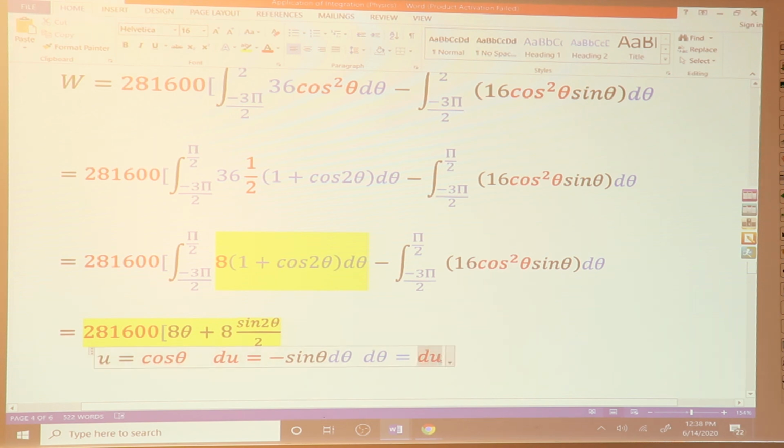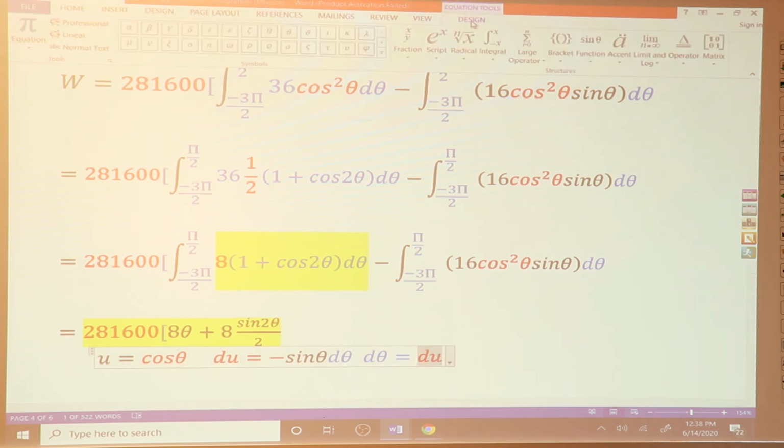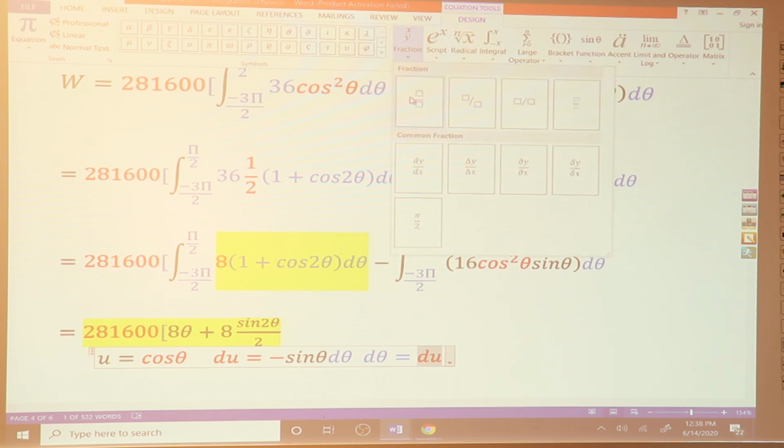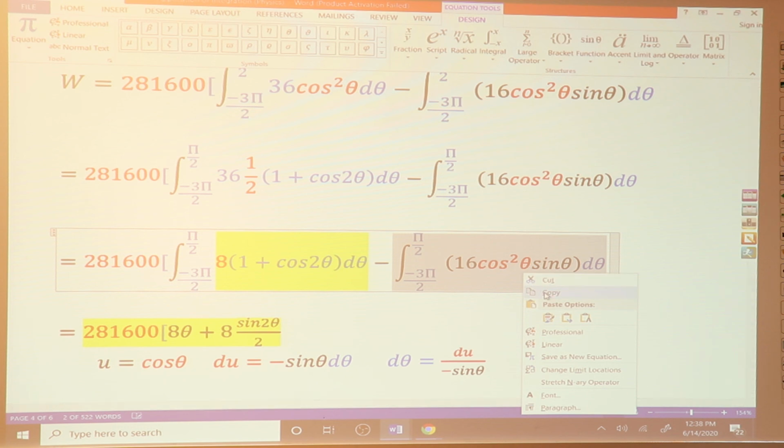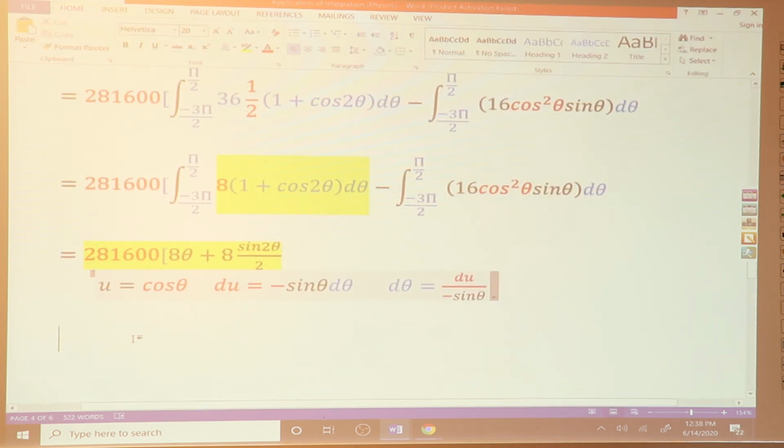Du over negative sine theta. Okay. Then this guy becomes, forget the limit. I will change the limit at the end.